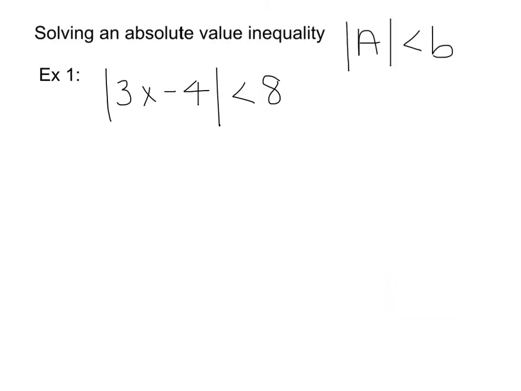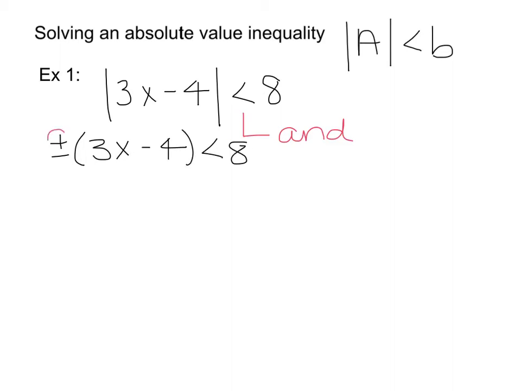The absolute value of 3x minus 4 is less than 8. So since I emphasize my word less than, it's an and problem. Now you need to ask yourself, is my absolute value all by itself? Yes, it is. So we can go ahead and change the absolute value bars to parentheses and add the positive and negative.